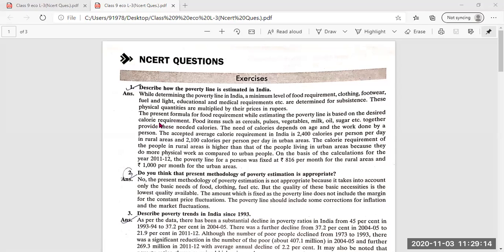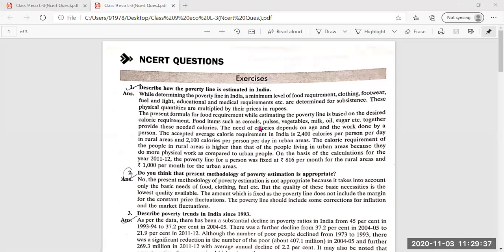If the person is working very hard, for example people in rural areas, most of them are engaged in agricultural activities where physical effort is needed. That means the calorie requirement is more, which is why they require more calories.